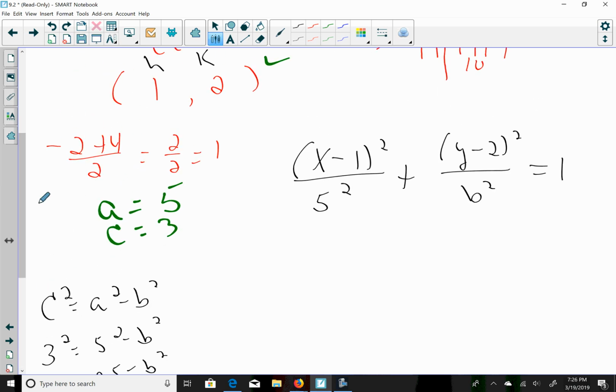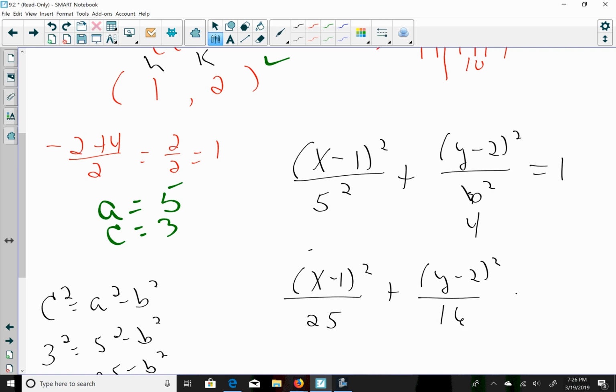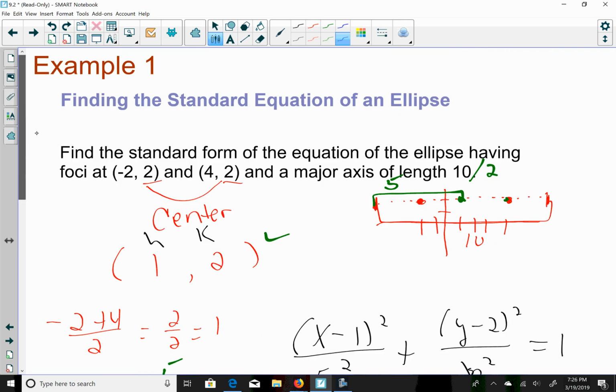So substituting 4 back in for b, I'm going to have x minus 1 squared over 5 squared, which is 25, plus y minus 2 squared over 4 squared, which is 16, is equal to 1. And that is my equation of that ellipse with those given properties in standard form.